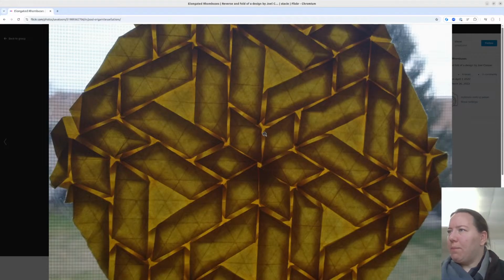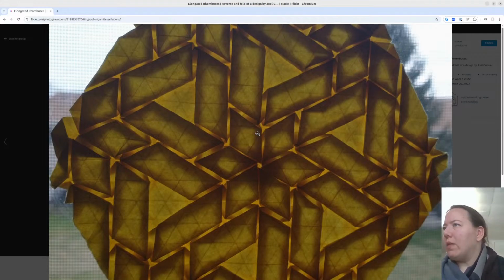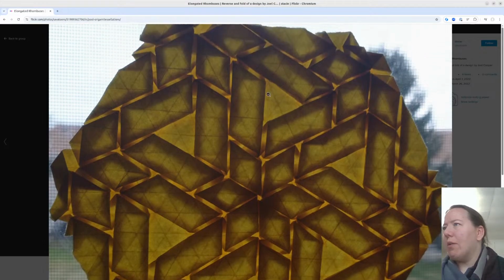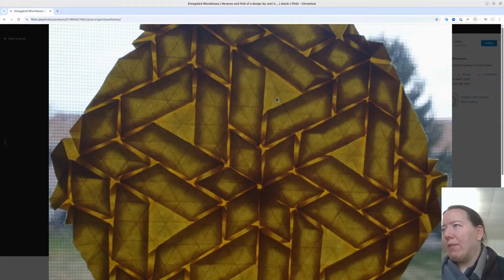And then, so we've got those mixed depth rhombi around, that's going to have to be a double depth triangle in order to accommodate the double depth pleats.